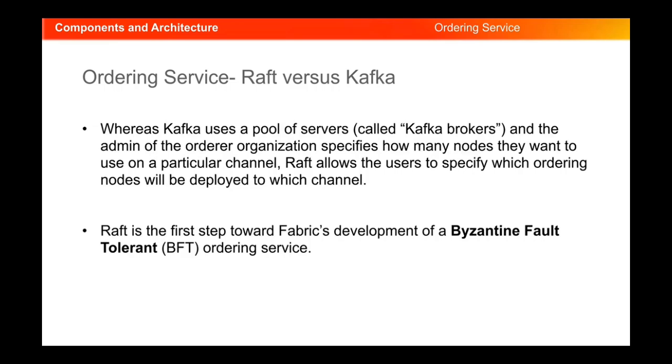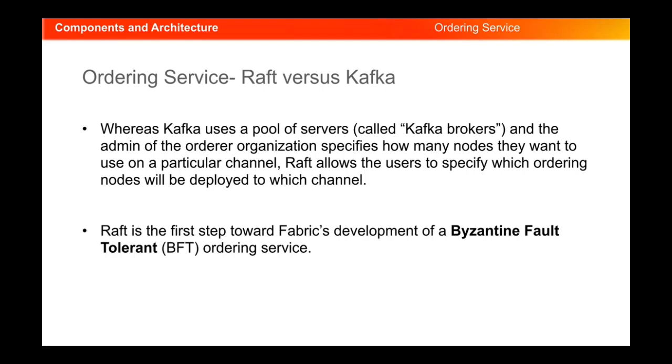Kafka uses a pool of servers which are called Kafka brokers, and the admins of the orderer organization specify how many nodes they want to use on a particular channel. Raft allows the user to specify which ordering nodes will be deployed to which channel.